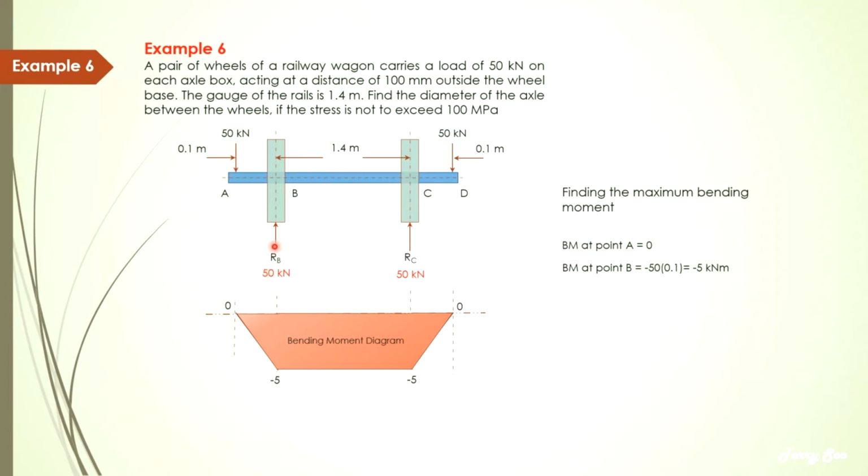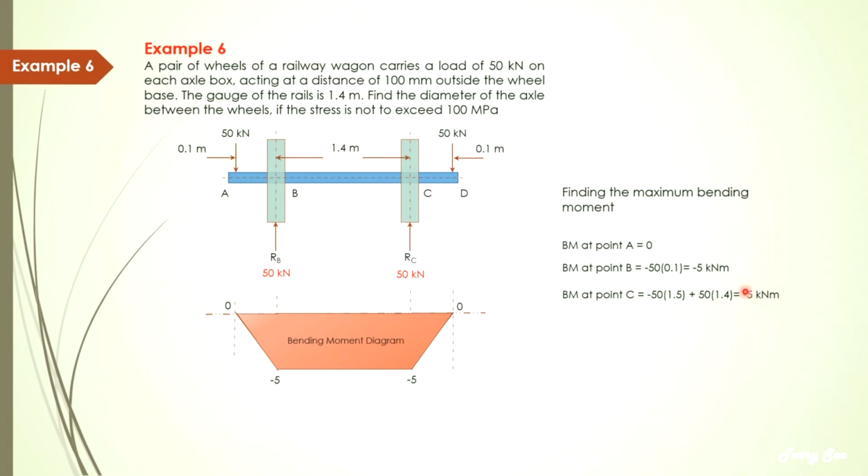Then plus, this one is acting up. That means it is causing the shaft to bend upwards alone. So that is why you will have a positive 50 times 1.4 about point C. That is what is written here. And the net would be negative 5 kilonewton meter.